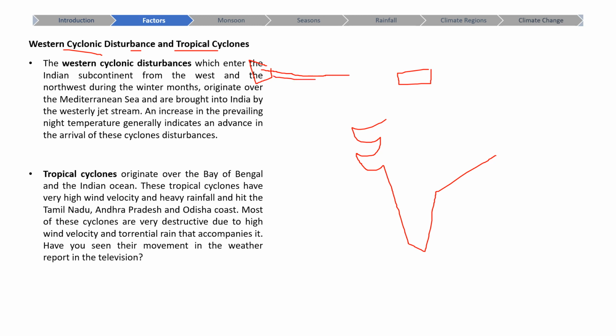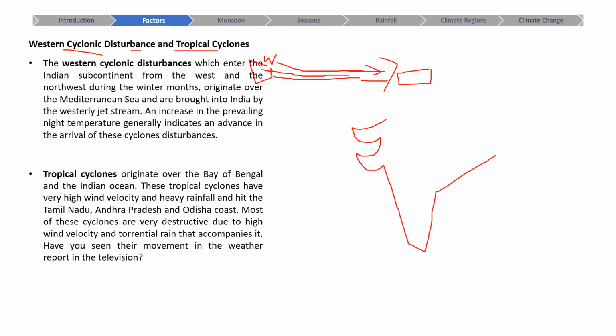During winter time, winds move like this, because at this latitude the westerly winds move from west to east.